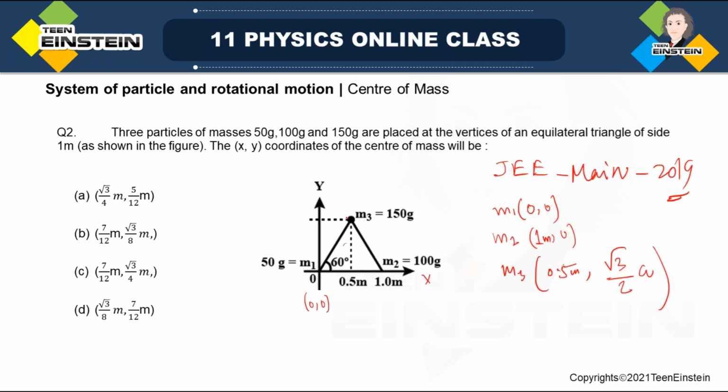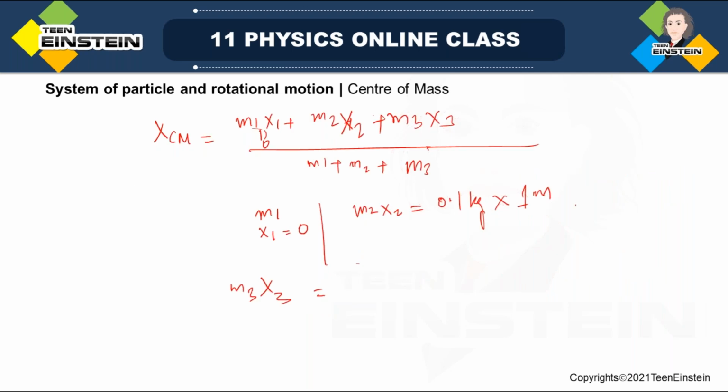M3 is 150 gram, that is 0.15 kg, and x3 is a by 2, that means 0.5.